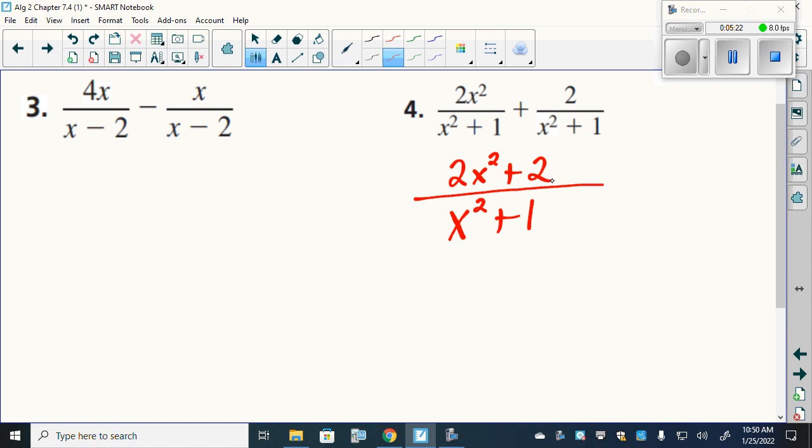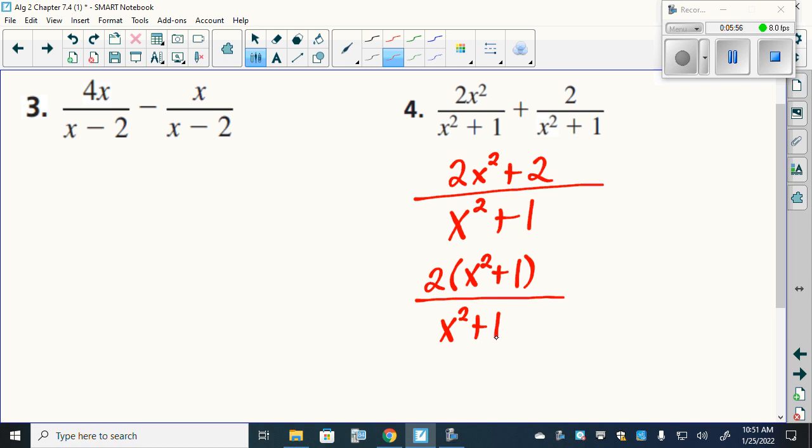Is there any way that we could factor any part of this here? x squared plus 1 doesn't factor, but the numerator has a greatest common factor of 2, which we can factor out. And if I factor 2 out of 2x squared, I'm left with x squared plus 1. And this would be over x squared plus 1.